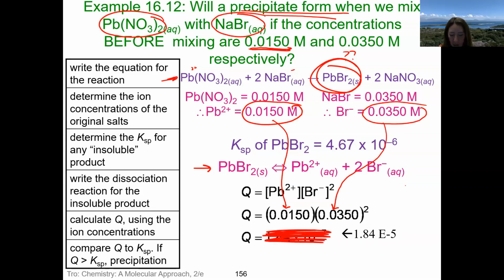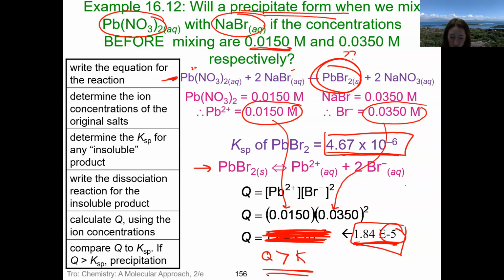I can't edit it anymore, it won't let me. This is the right answer, 1.84 times 10 to the negative 5. So the question is, will it precipitate? To tell if it will precipitate, you have to look at the Ksp. The Ksp is 4.67 times 10 to the negative 6. So 1.84 times 10 to the negative 5 is bigger than 4.67 times 10 to the negative 6.